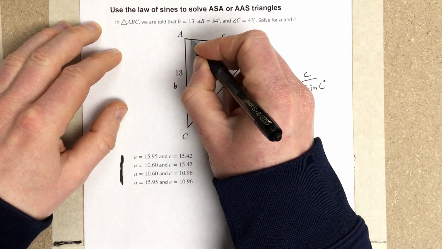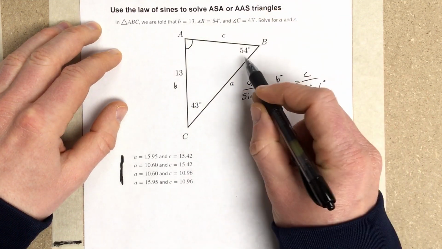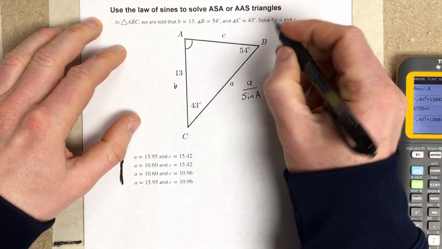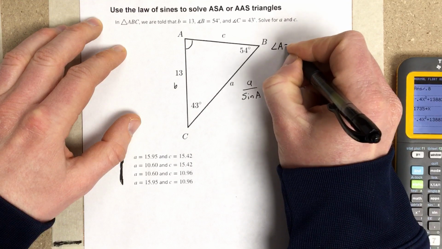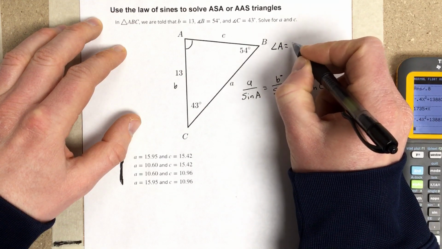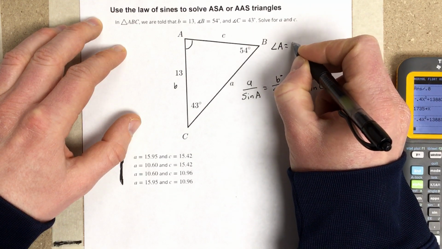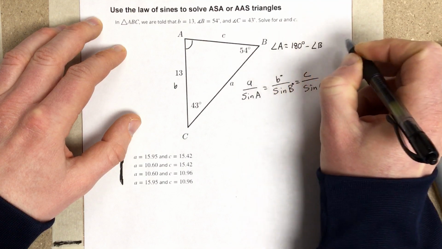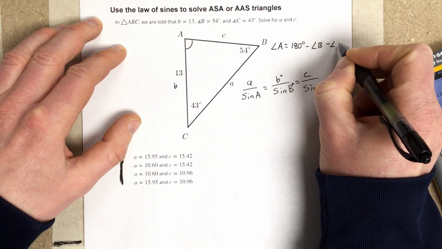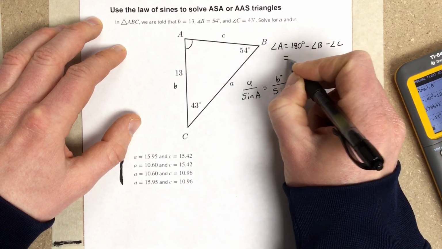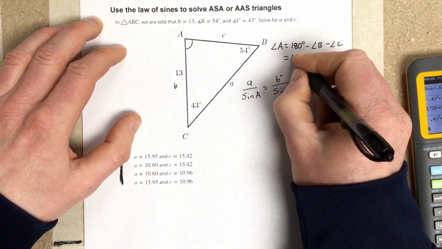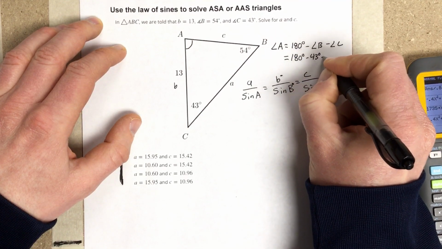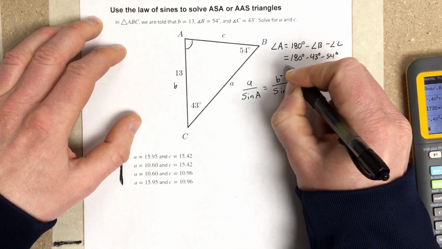I didn't even notice. Every triangle adds up to 180 degrees. So we can say that angle A is equal to 180 degrees minus angle B minus angle C. Well, in our case, we got 180 degrees minus 43 degrees minus 54 degrees.